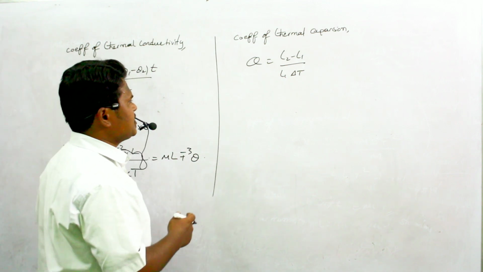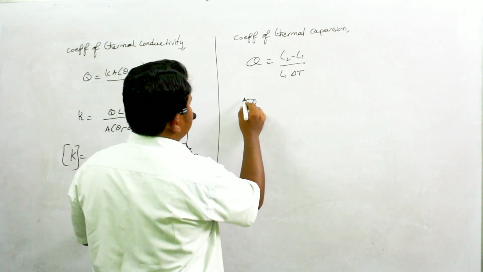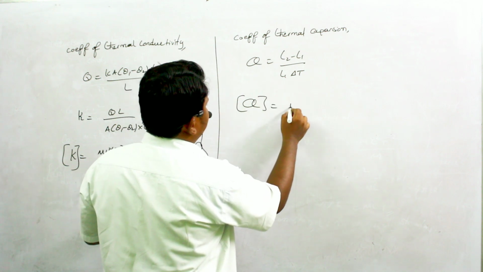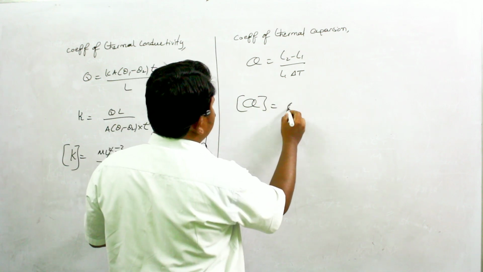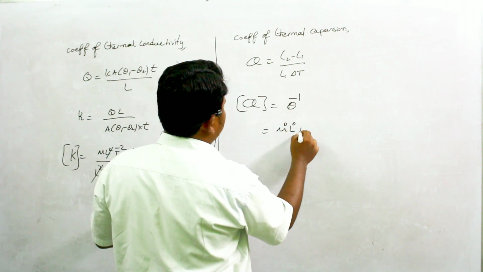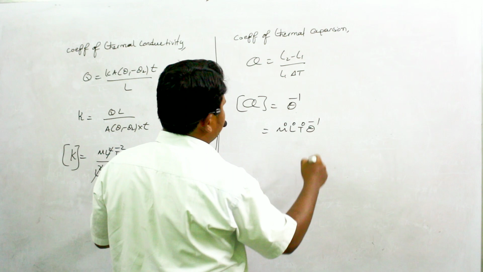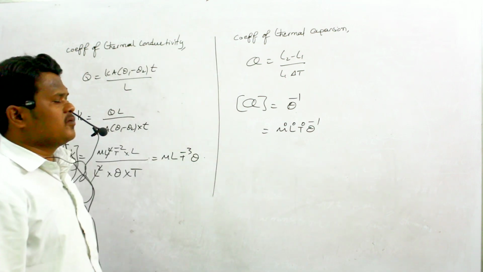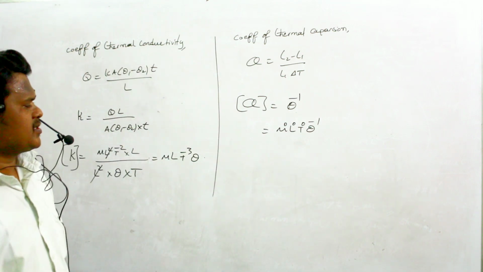So both of them get cancelled. So finally the dimension of α is temperature to the power minus 1, that is θ⁻¹, or I can write M⁰ L⁰ T⁰ θ⁻¹. This should be the dimension of the coefficient of thermal expansion.